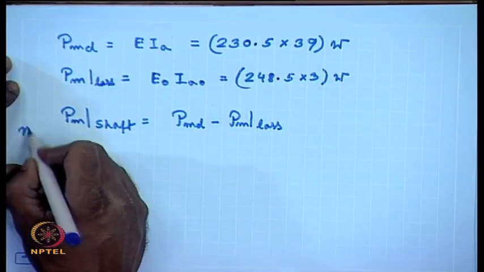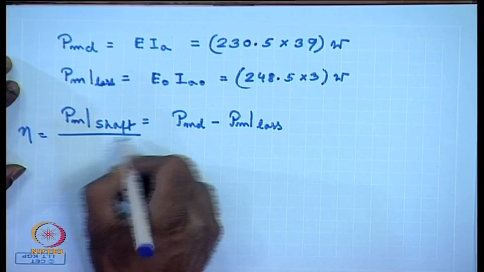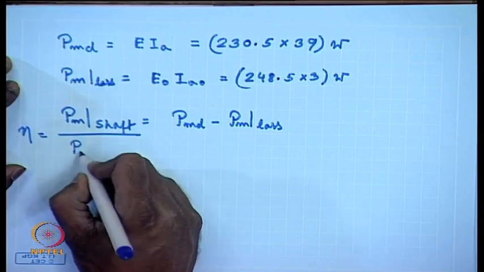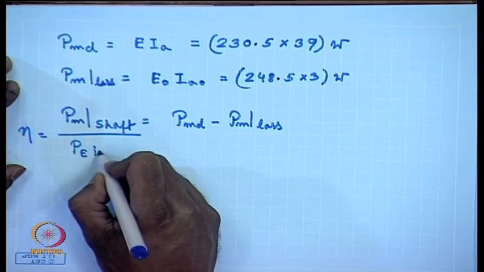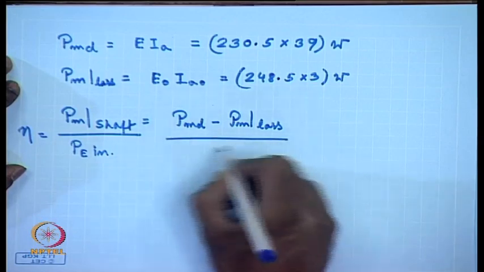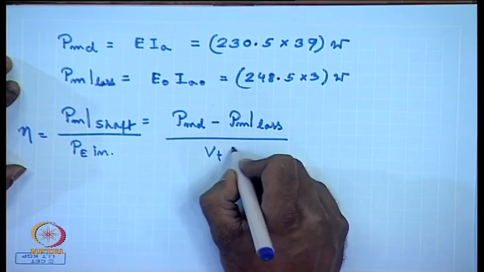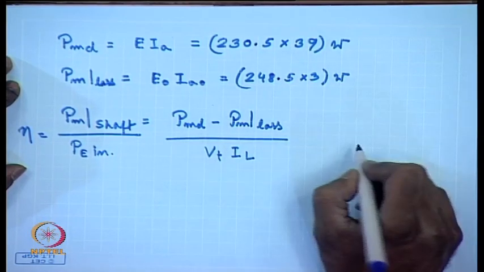Efficiency equal to shaft power output divided by P electrical input. This is equal to V_T I_L.